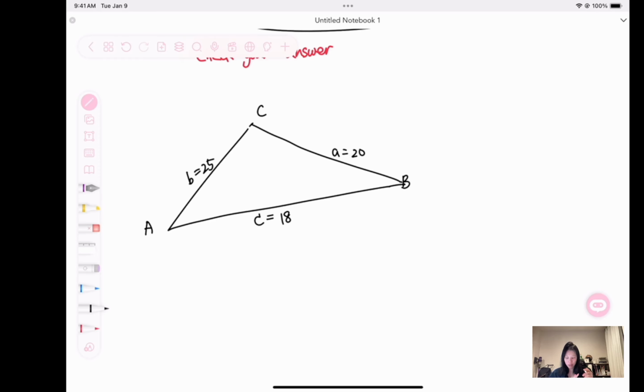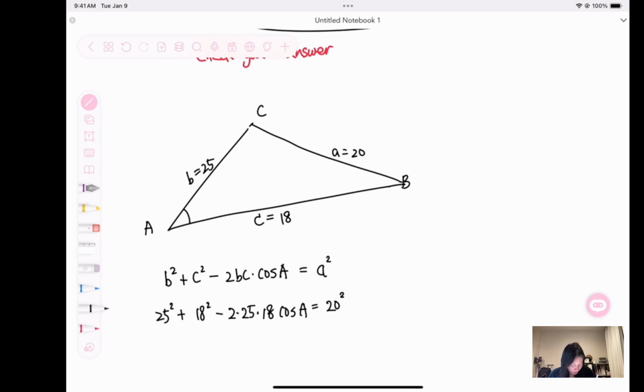So you can solve any triangle. I can just go ahead and do the angle A. So I have B squared plus C squared minus 2BC times cosine A equals A squared. Then I have 25 squared plus 18 squared minus 2 times B 25 times C 18, and then cosine A we don't know, and then A squared is 20 squared.